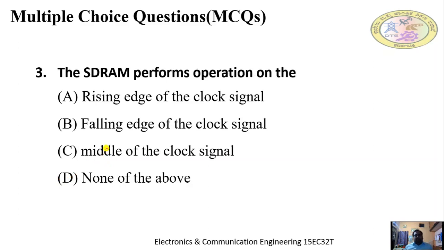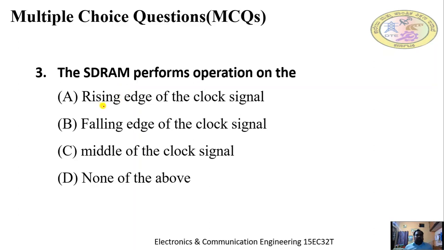The third question is, the SDRAM performs operation on the... As we discussed in the previous question, the DDR SDRAM is going to perform its data transfer operation both on the rising edge as well as on the falling edge of the CPU clock signal.